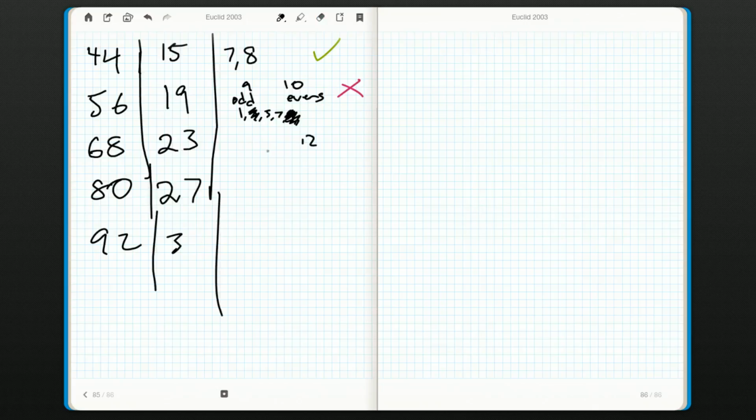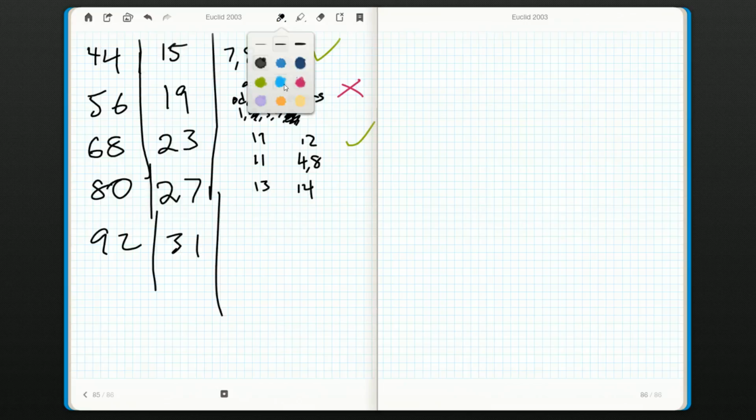The evens need to be 12, and the odds need to be 11. Oh, it's going up by 2s each time. 12 could be done with 4 and 8, and 11 could be done with 11. So that works out nicely. How about 27? We'd need to have 13 and 14, and both of those work out fine.